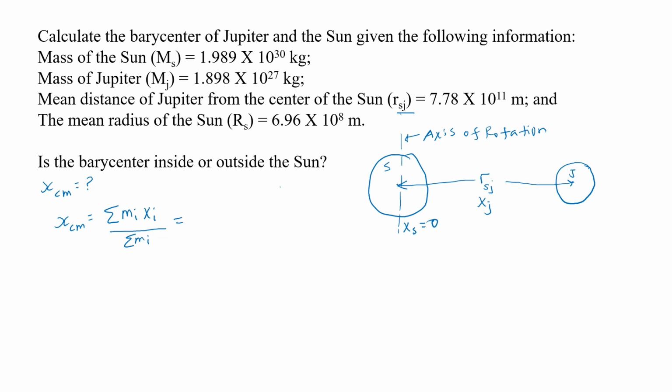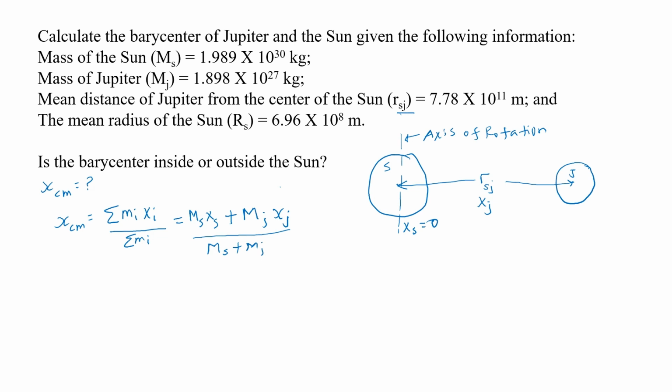It's going to be the mass of the Sun multiplied by its corresponding distance from the axis of rotation, which is x sub s, 0 in this case, plus the mass of Jupiter times the distance of Jupiter from the axis of rotation. Divide that by the sum of all masses, that is, the mass of the Sun plus the mass of Jupiter.